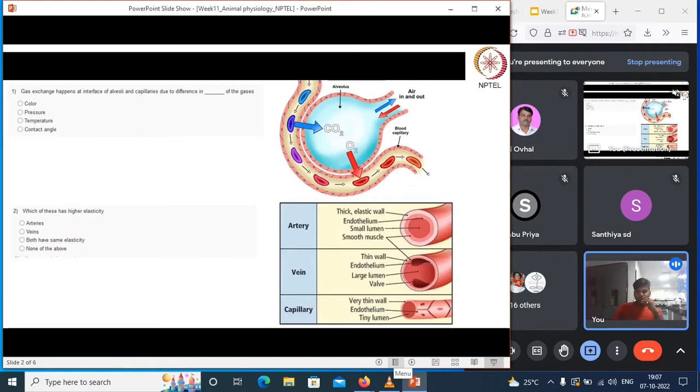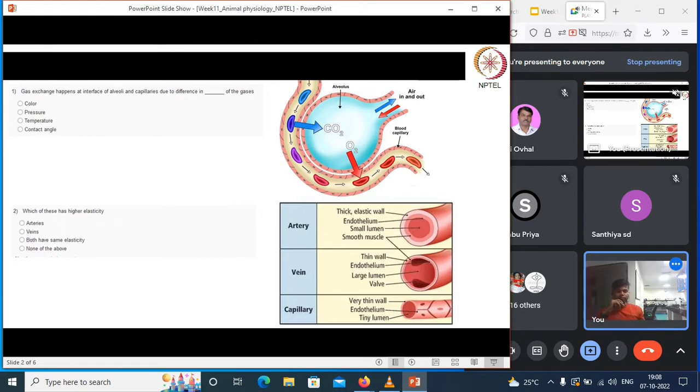Now the first question is: gas exchange happens at the interface of alveoli and capillaries due to the difference in which property of gases?